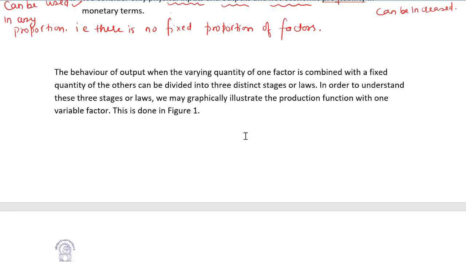The behavior of output when the varying quantity of one factor is combined with the fixed quantity of other factors can be divided into three distinct stages or laws. In order to understand these three stages or laws, we may graphically illustrate the production function. Just see this figure.